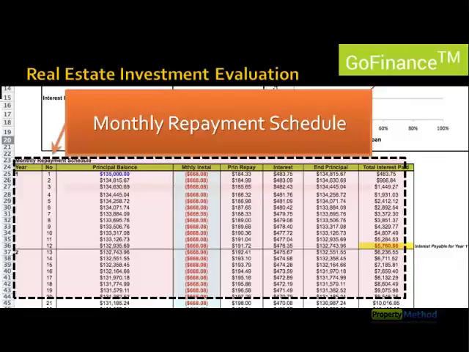And the schedule also shows principal and interest payments breakdown. And then the remaining principal balance and also total interest paid every month. So it's a quite detailed table to show our so-called repayment scheme.